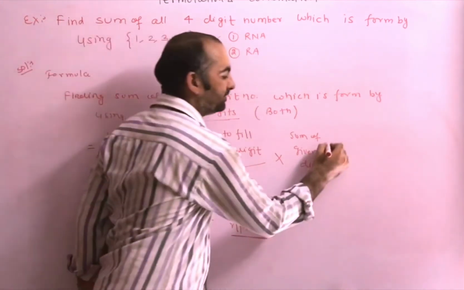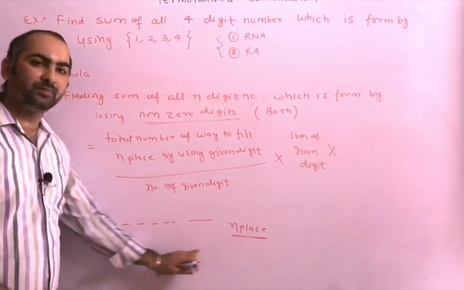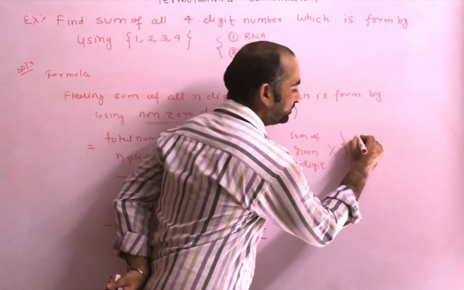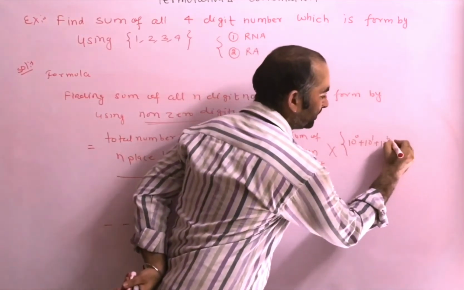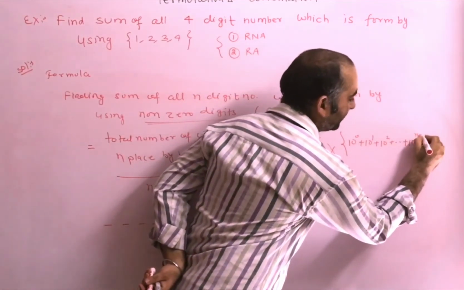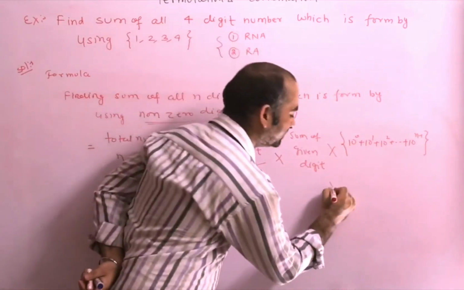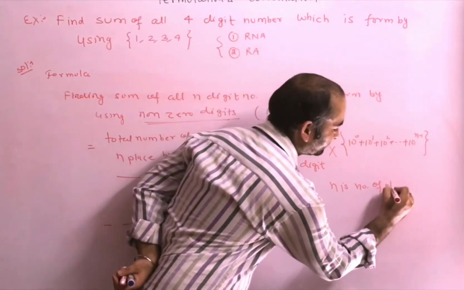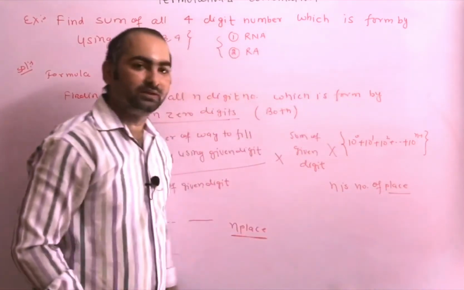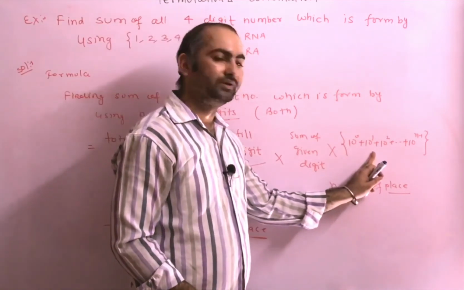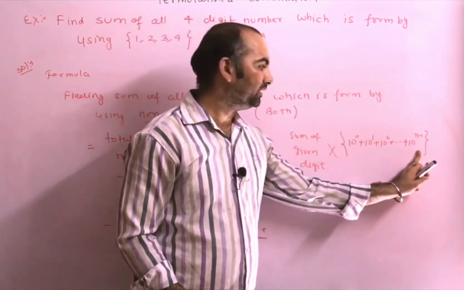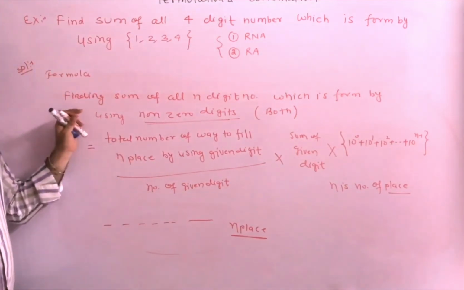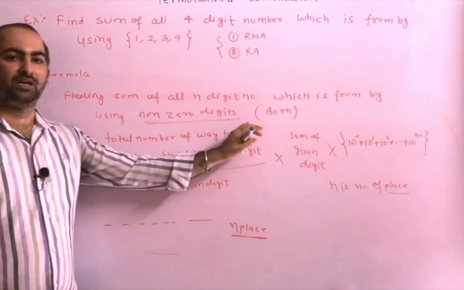And this one you have to multiply with, we are taking how many places? N places. Then you have to multiply with 10 power 0 plus 10 power 1 plus 10 power 2 plus ... plus 10 power n minus 1, where n is the number of places. So this will go from 10 power 0 to 10 power n minus 1. So this is your formula for finding sum of n digit numbers where repetition is allowed and repetition is not allowed.